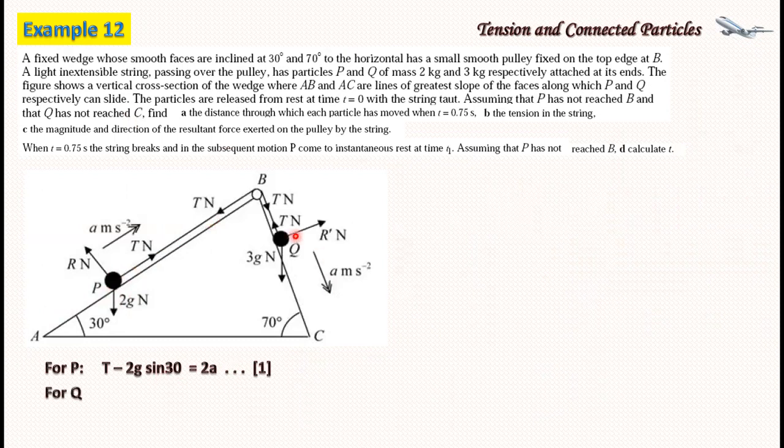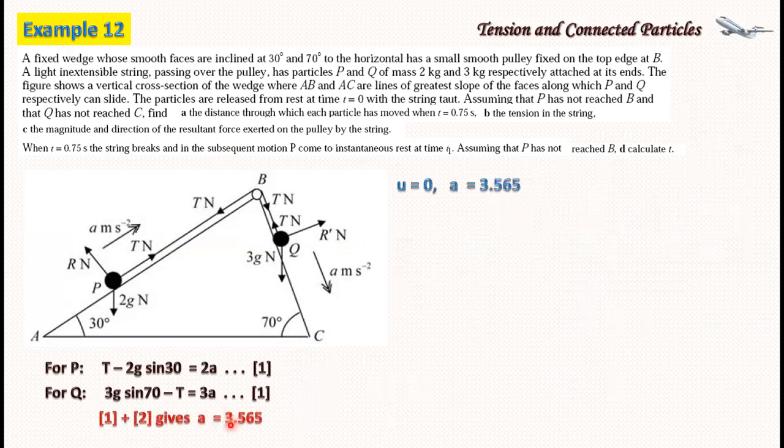And for Q, since it's moving downwards, we have 3g sine 70, that's the downwards component, minus the tension in the string, equal to its mass times its acceleration. So adding these two equations, we are going to have acceleration equal to 3.565.